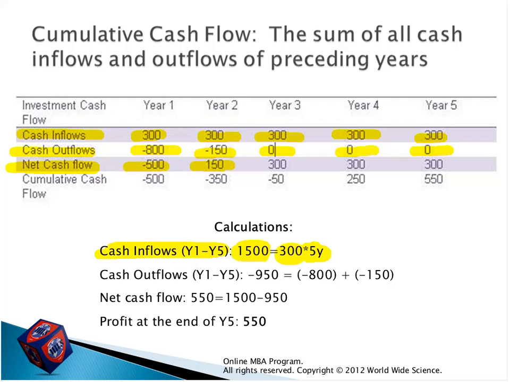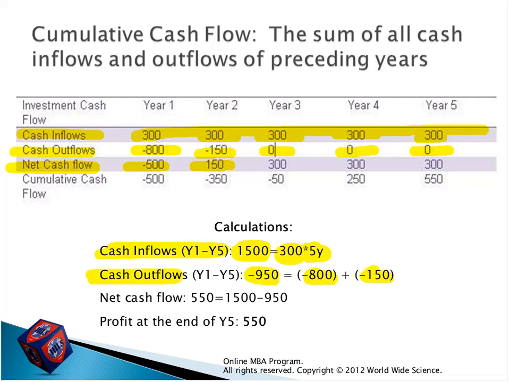All this amount is shown to you already. So you will get the cash inflows over the 5 years is 1,500. What about the cash outflows? The cash outflows is equal to a negative amount of 950. It is 800 negative plus 150 of investments.